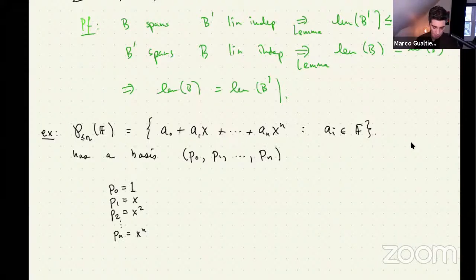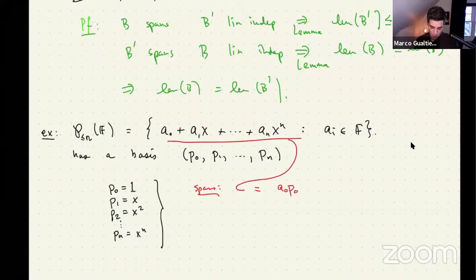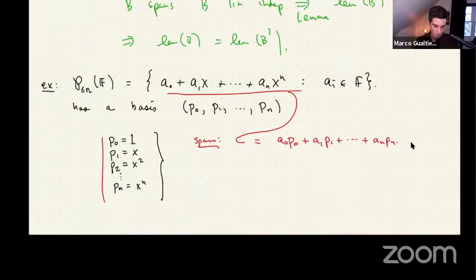And the claim is that this, first of all, spans. And to see that it spans is pretty obvious. Every element is literally of the form a0 multiplied by P0, and so on. So the fact that it spans is that this element here is equal to a0 P0 plus a1 P1 plus up to an Pn. So every element can be expressed as a linear combination of these elements, P0 up to Pn.